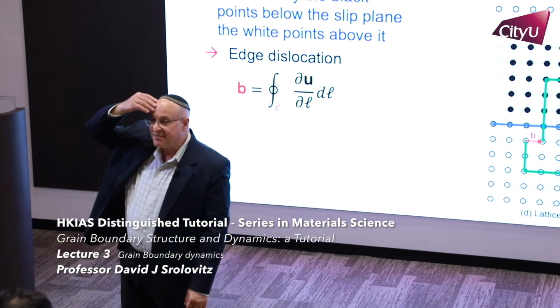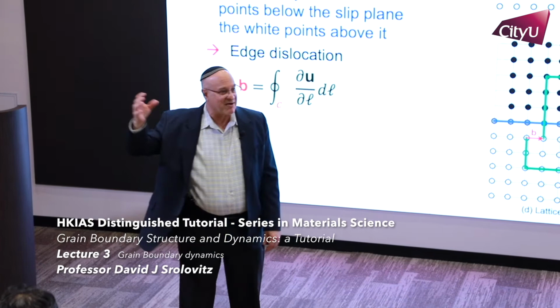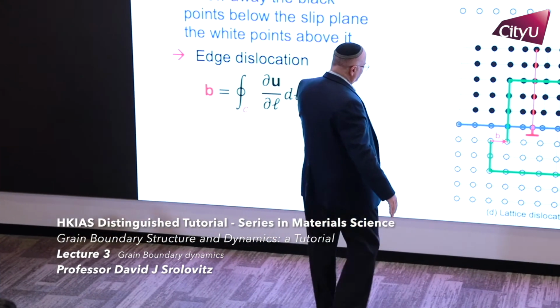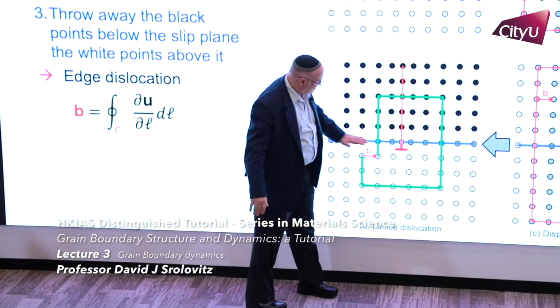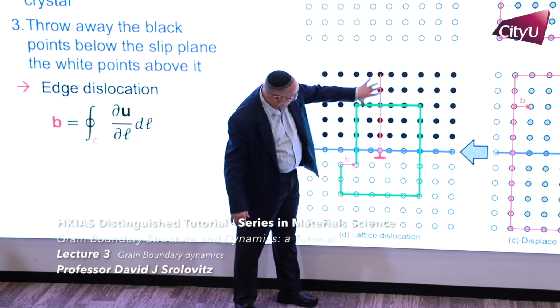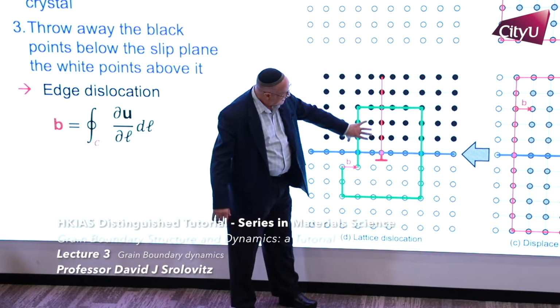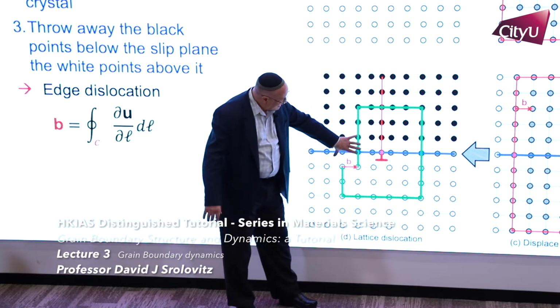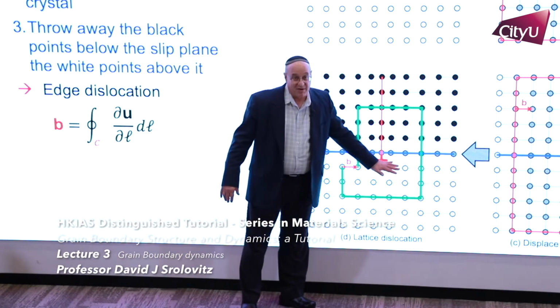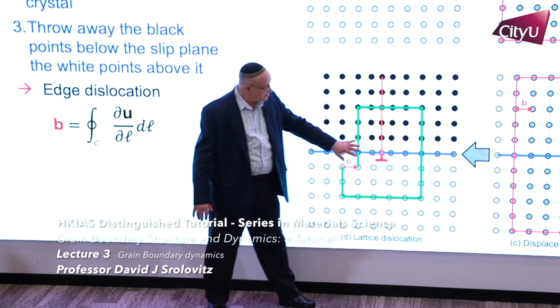So if you like to think about dislocations in the Volterra sense, what we would have done is just cut along this line, translated over just this part, and then connected it back up, and that would be the Volterra process for creating a dislocation.